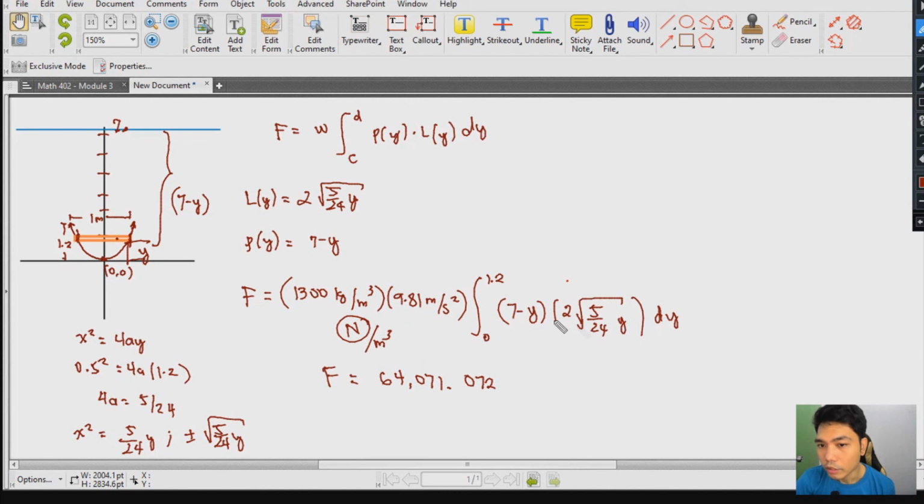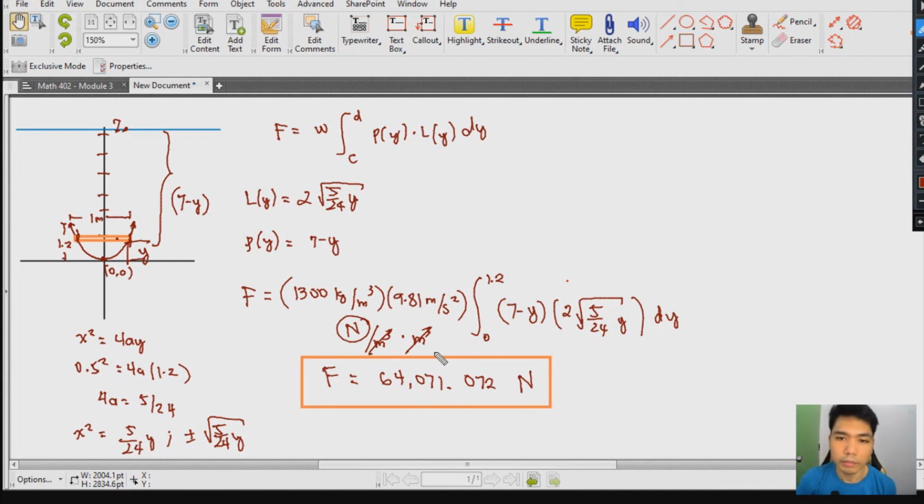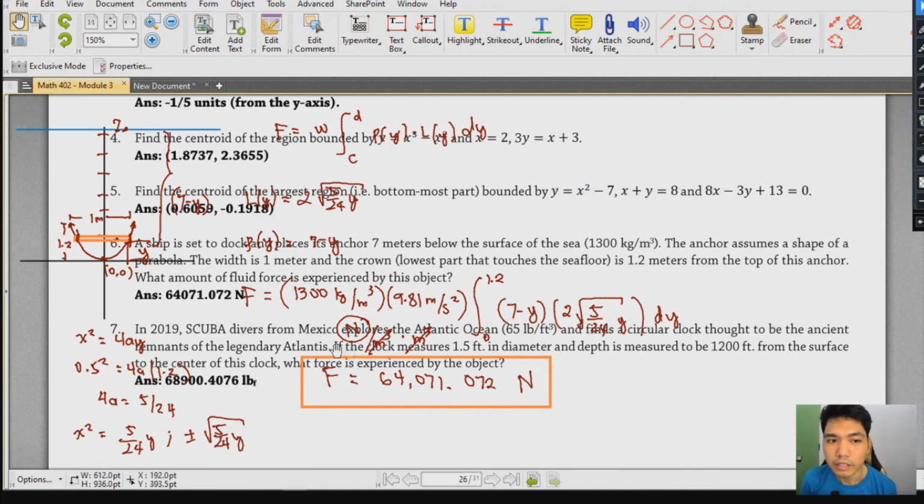In this case, since there are two single-dimension variables multiplied with each other, it becomes squared, and then when we integrate, it becomes cubed. So we can cancel this out against the cubic meter, and we are left with the unit Newton, which is the unit of the force that we need. So that's 64,071.072. Okay, that's how easy it is to solve this number 6.